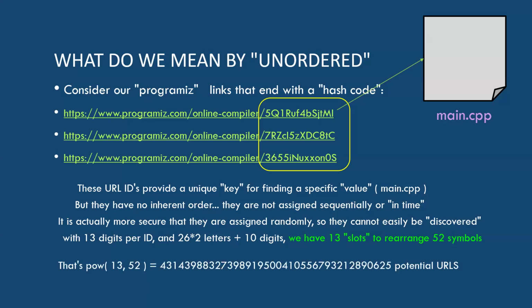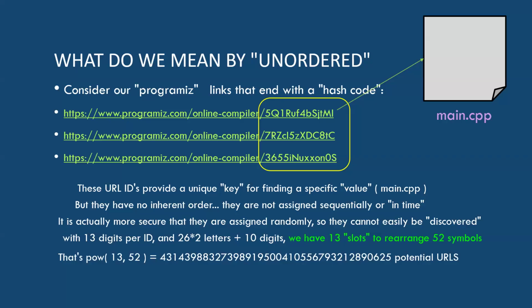So that is 13 to the power of 52, and that's a huge number. So they're really never going to run out of these URLs. There's no practical point in time at which that's going to happen.